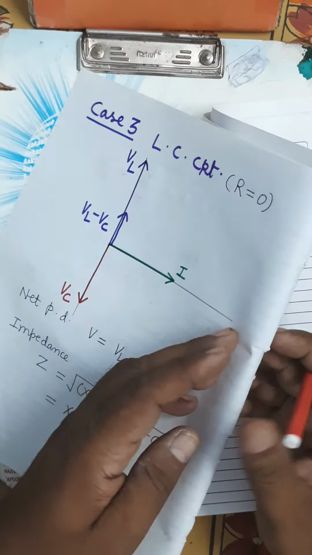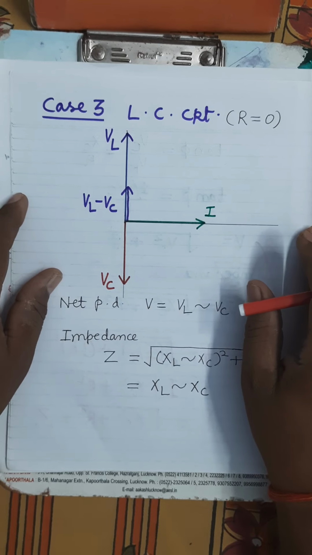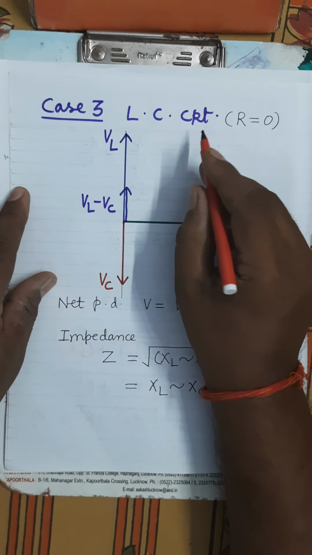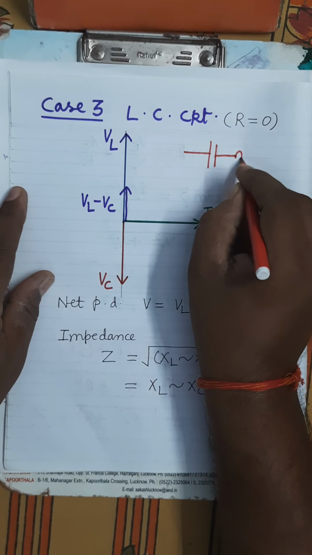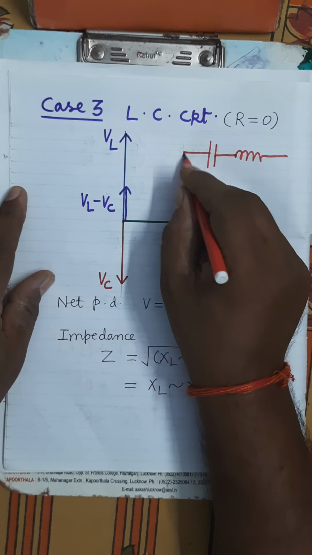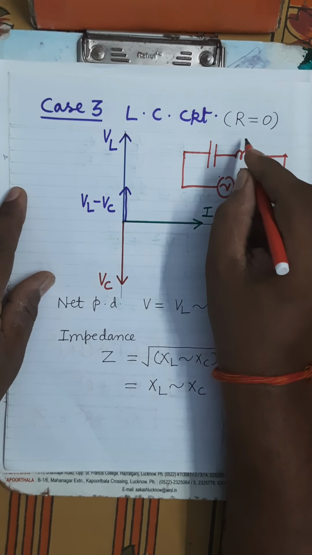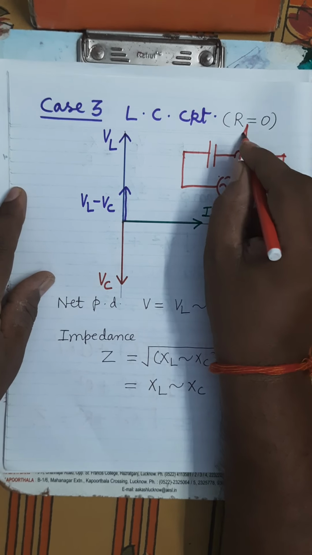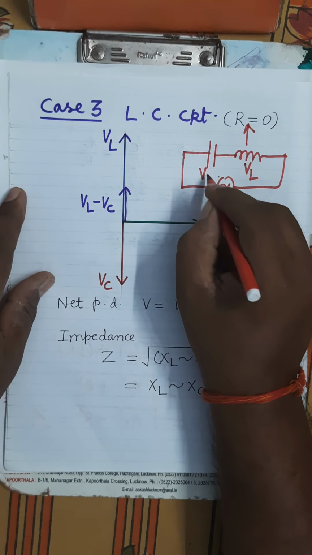Now see here. There is one more case, the LC circuit. Here we have taken an LC circuit in which you can see this is a coil whose resistance is 0. It is clear.